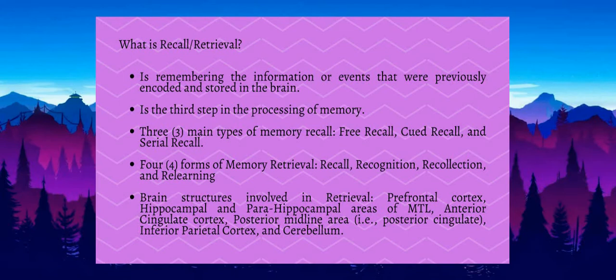And the anterior cingulate cortex naman is related to response selection. Fourth one is the posterior median area including the posterior cingulate is related to imagery. Fifth, we have the inferior parietal cortex that is related to space awareness.